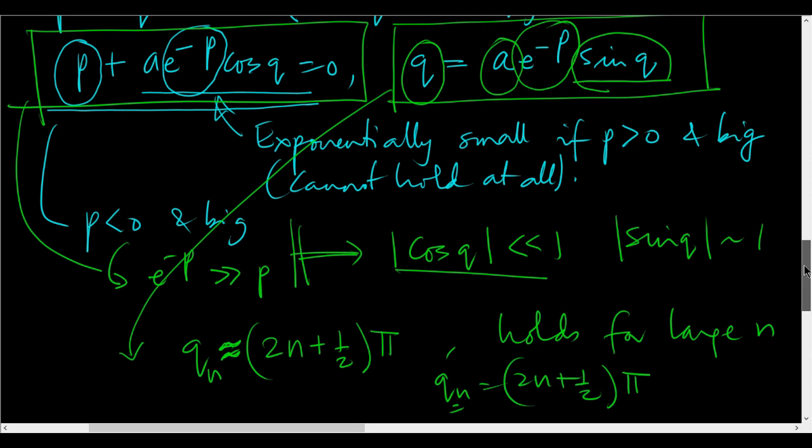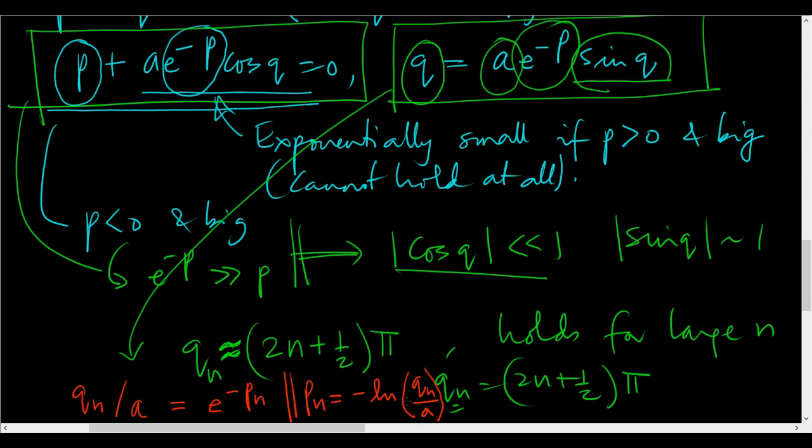Then I have, let me use red here for easier visibility, qn by a equals e to the power minus pn, and so pn is equal to minus log qn by a. That's the answer.